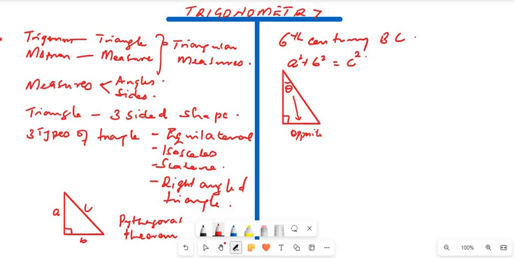This side here, which is very close to it, he called adjacent, while this one here, the longest side, is the one he called hypotenuse.